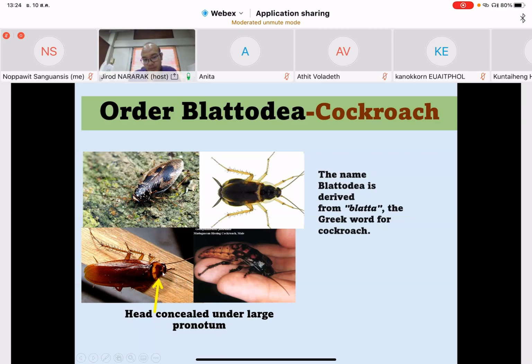Here is the pronotum, and the head is tucked under it. So these are the characteristics of Blattodea.